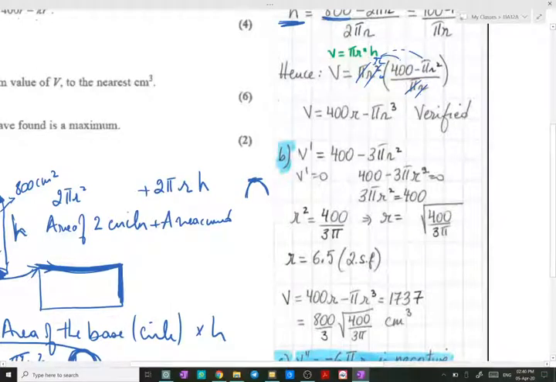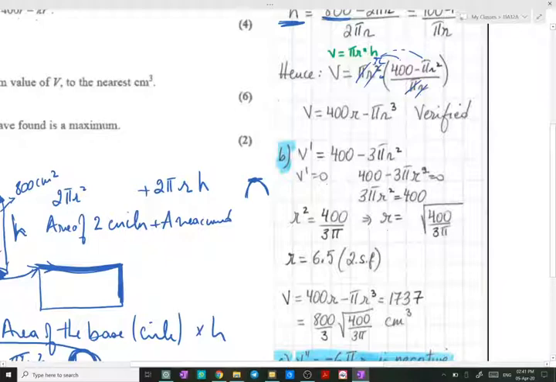So you write V prime equals 0 and then solve for r. So r squared is equal to 400 over 3 pi, therefore r is equal to plus or minus the square root of 400 over 3 pi. Since we're working with radius, we only take the positive value, which is 6.5, to two significant figures.